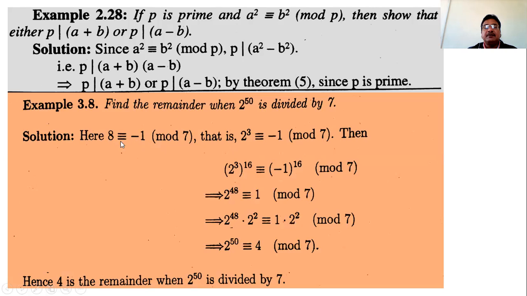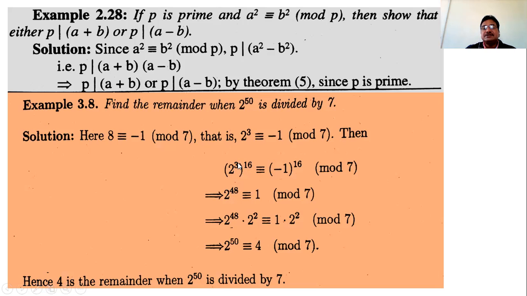Then taking 8 means 2 raised to 3, it is congruent to 1 modulo 7. And then taking the 16th power of both sides, because we have to find 2 raised to 50, we have 2 raised to 3 raised to 16, and a raised to m raised to n is a raised to m into n.